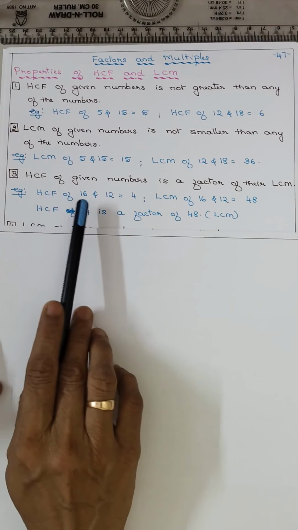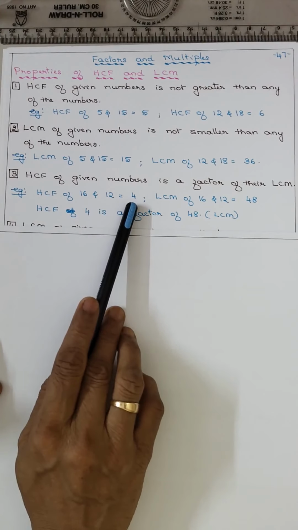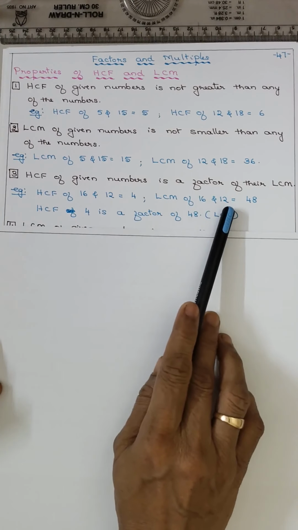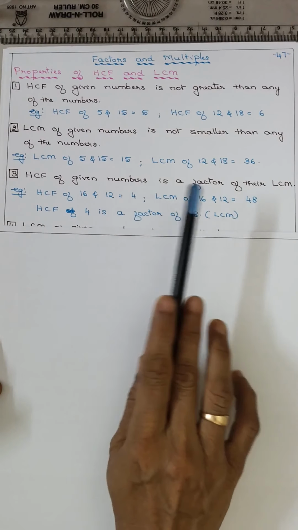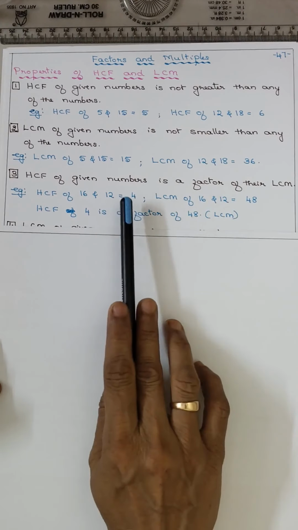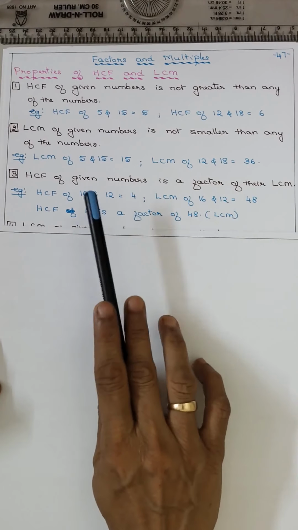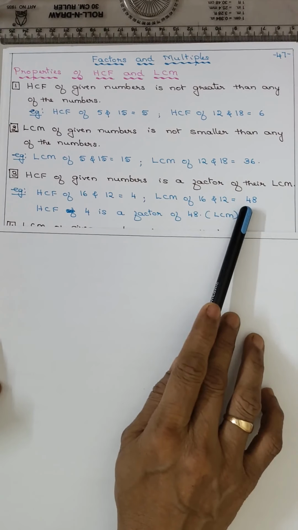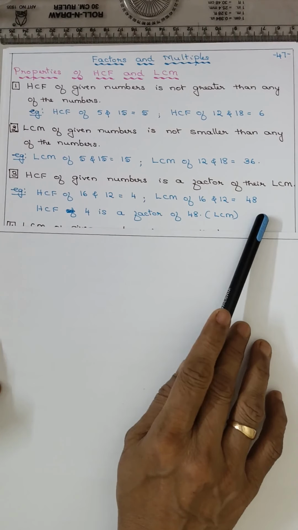See, HCF of 16 and 12 is 4. LCM of 16 and 12 is 48. Now 4 is a factor of 48. 4 12s are 48, isn't it? So 4 is a factor of the LCM. Hope you understood this one also.